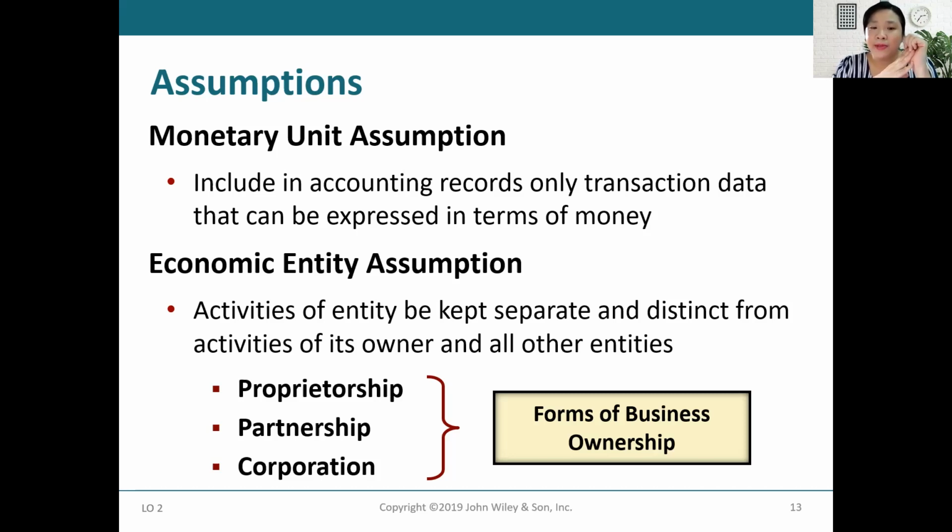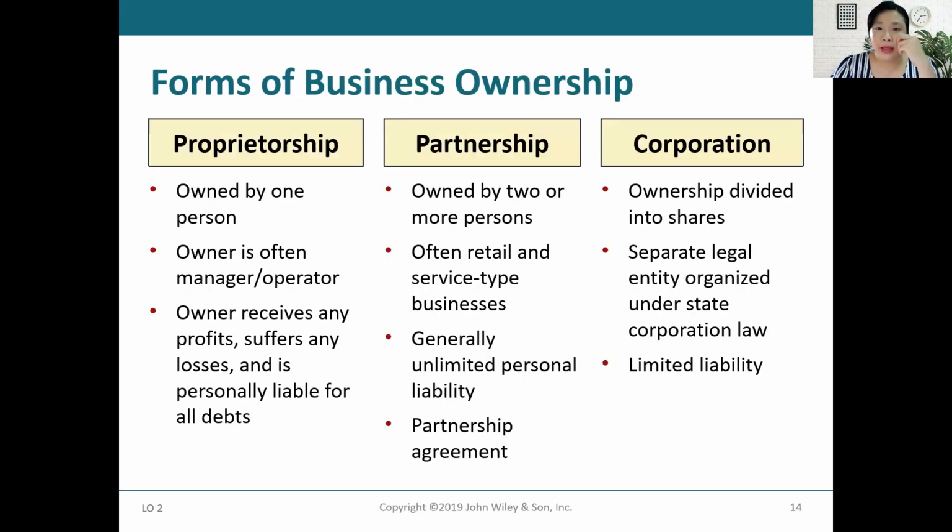Now, there are three types of business: proprietorship, partnership, and corporation. What is a proprietorship? A proprietorship means the business is owned by one person.